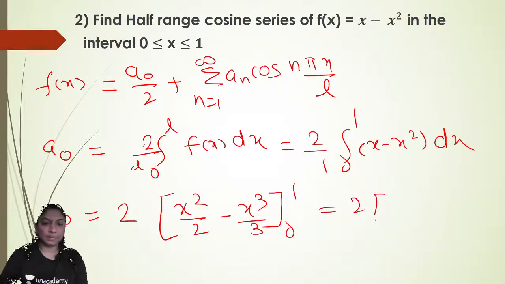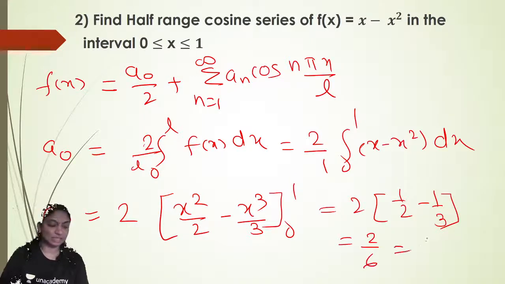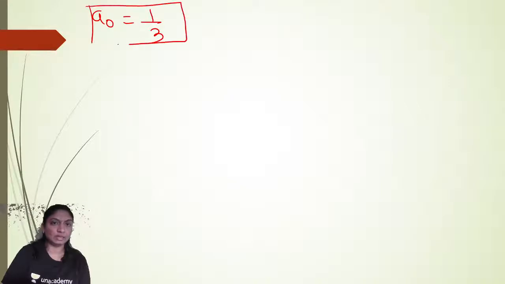So here 2 into bracket 1 by 2 minus 1 by 3 minus 0, right? So 3 minus 2, here is 1 by 6, 2 by 6, it means you will get 1 by 3, right? 2 by 6 is equal to 1 by 3. So value of a0 is 1 by 3. So I'm writing here a0 is equal to 1 by 3.